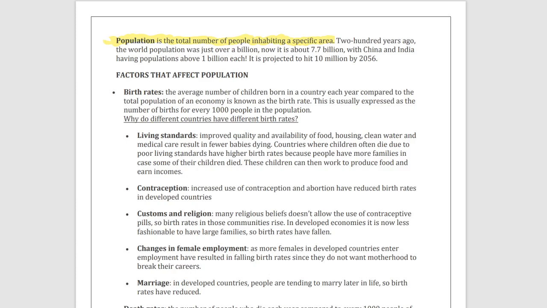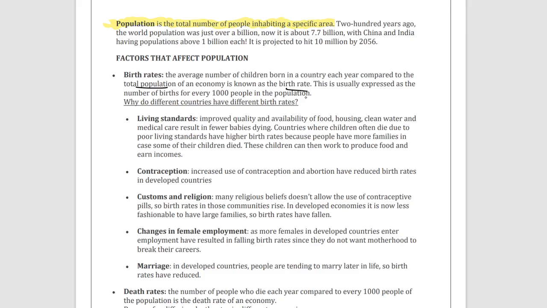So what are the factors that affect population? One of the factors is birth rates. Again, a big factor. Then there are also death rates. When we're talking about birth rates, we're talking about the average number of children born in a country each year compared to the total population of an economy.